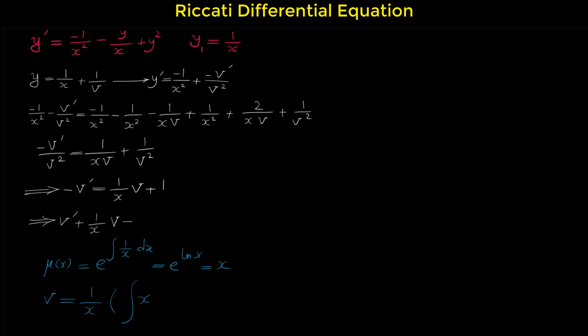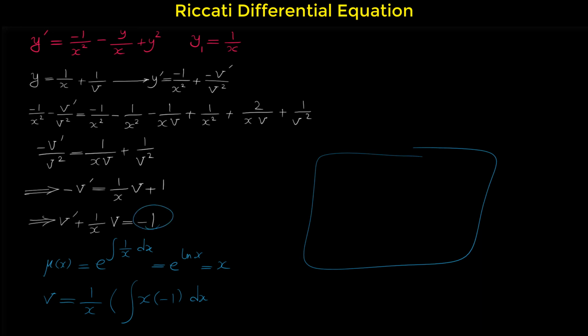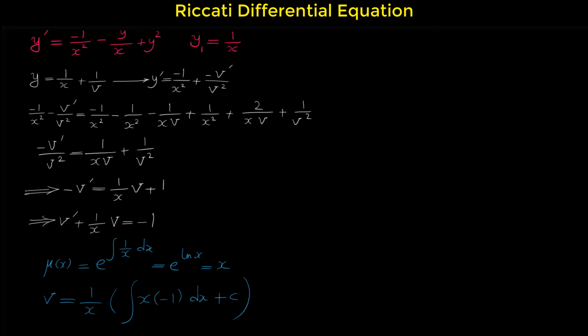So the integral of x times negative 1 dx. That's the reason I bring 1 to the other side. Plus c here. Don't forget to add c here.